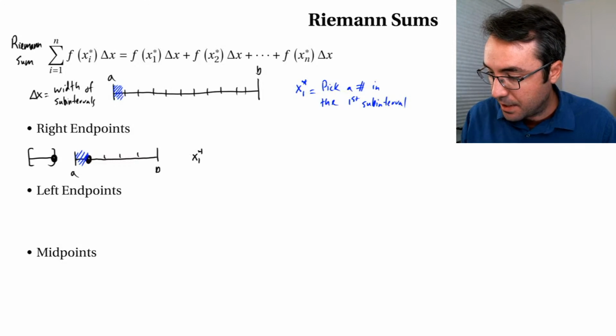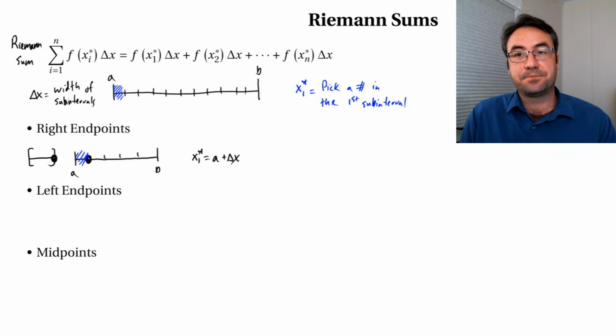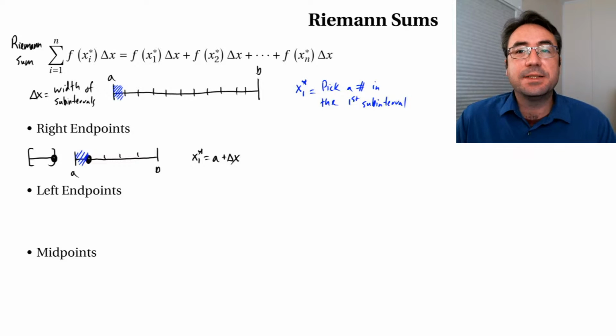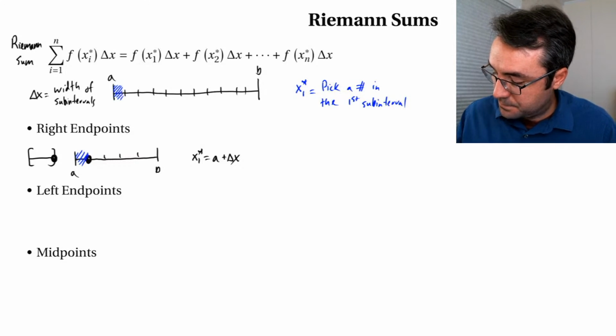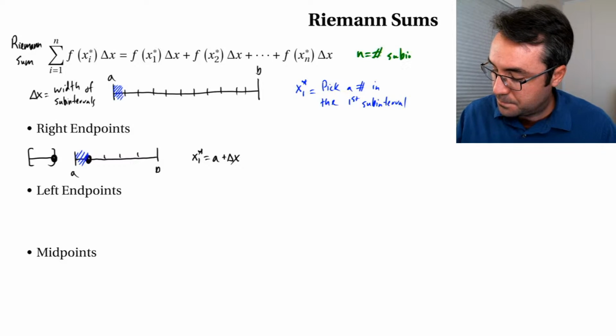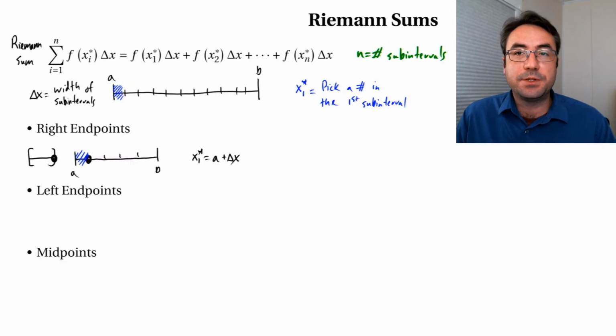So x1 star is going to be A plus delta x. And what n represents here is the number of subintervals that we have. And so that's how many points we're going to be picking.